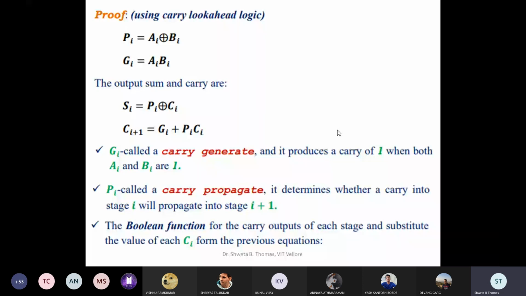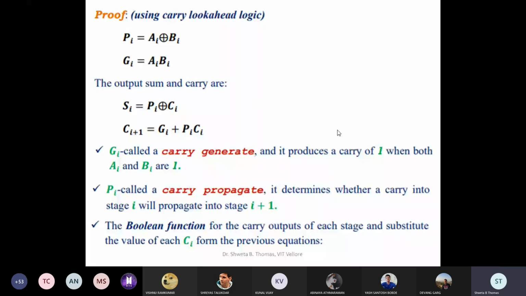Let me repeat it here. Gi is called a carry generate. I showed you in the diagram, and it produces a carry of 1 when both Ai and Bi are 1. Obviously, because we are multiplying them, when any one of these is 0, then it will be 0.